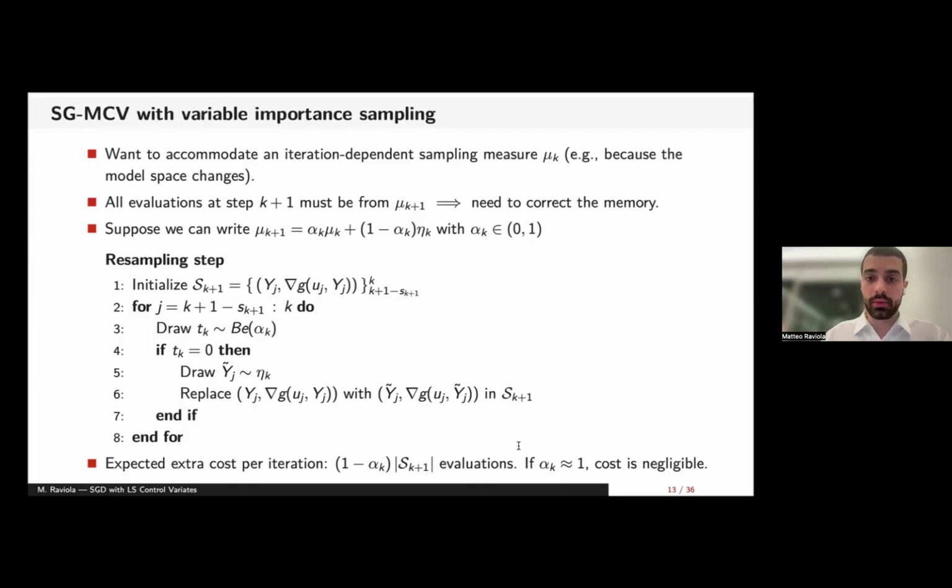But the observation here is that if alpha k is close to 1, meaning that mu k plus 1 and mu k are almost the same, but for a very small perturbation, then this extra cost per evaluation remains constant and is negligible.